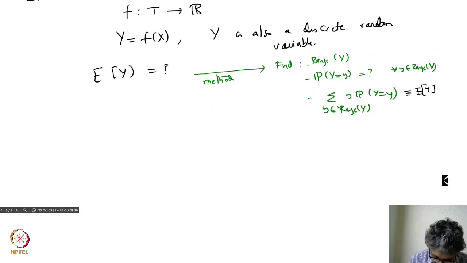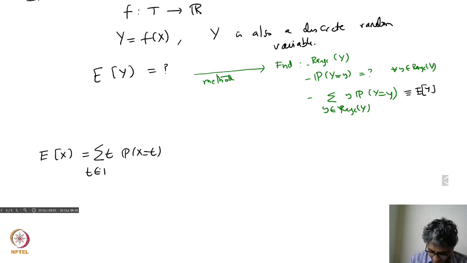The idea is that I have Y equals f of X. So I know E[X] is the sum over all possible values t of t times the chance that X equals t.